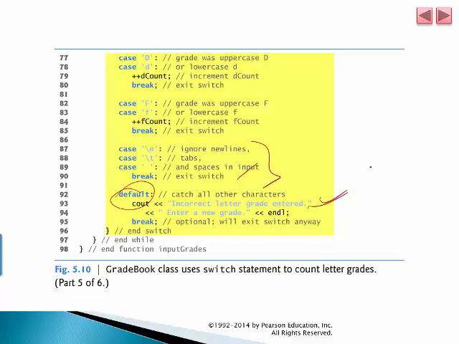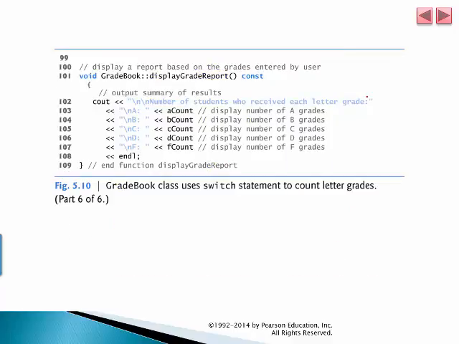Except if we put in new lines, in other words, we hit the enter key, the tab key, or the space key, we're just going to ignore those. We just keep doing that inside our while loop. And at the end, we can print those four out, and that's what this does.